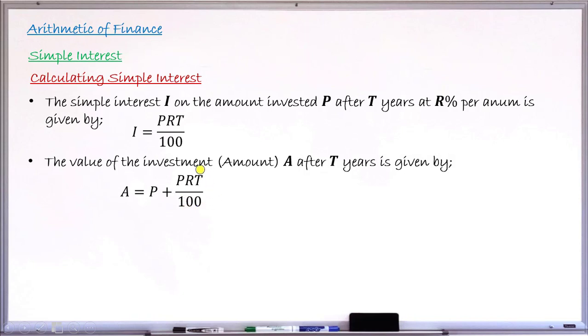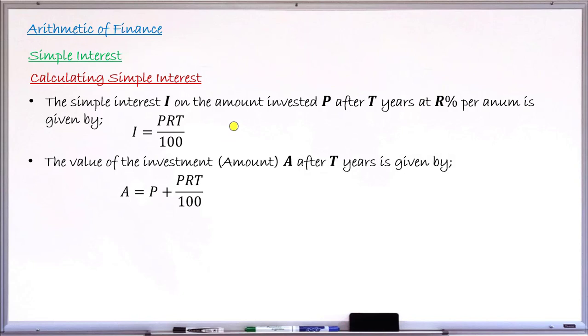You can see this PRT all over 100 is exactly the formula for interest. So the final amount in the account will be the original money invested, that is P, plus the interest generated. We are going to take examples of how we can make use of this, depending on the question, to find either the interest or the amount.